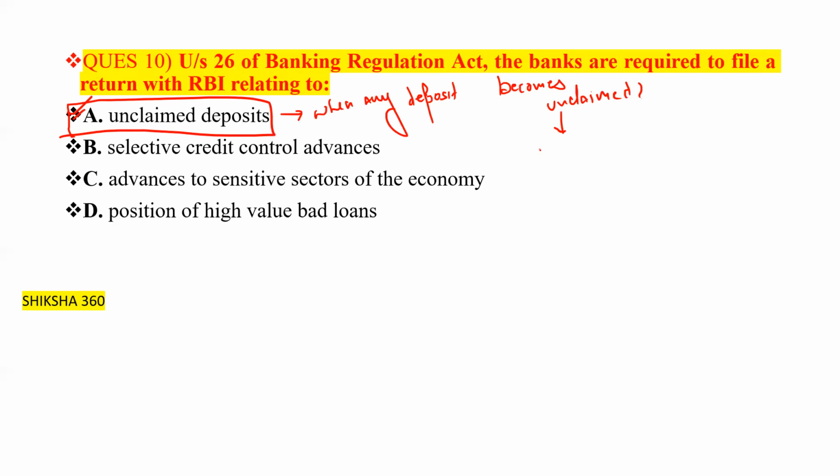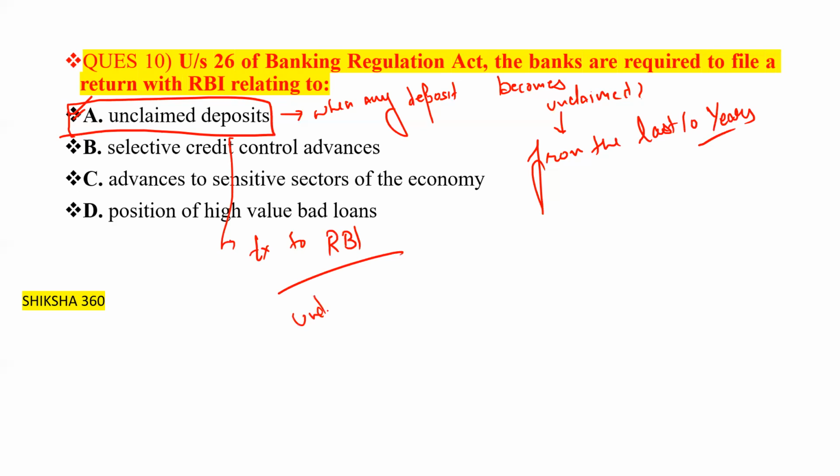If the account has not been operative for the last 10 years, the account will be under the category of unclaimed deposits, and the amount will be transferred to the RBI under DEAF. I request all of you, please tell what is the full form of DEAF.